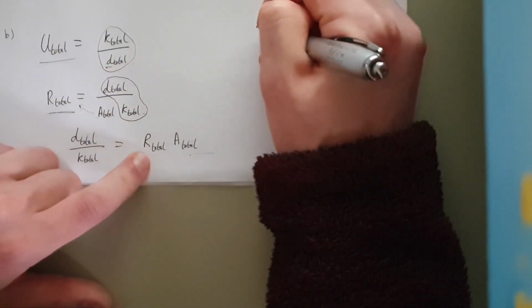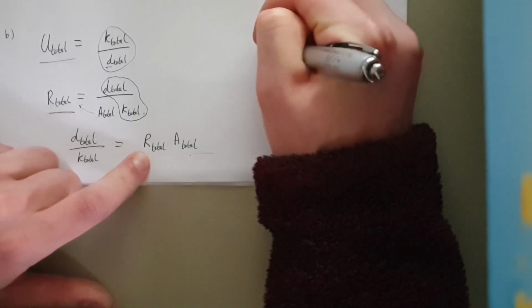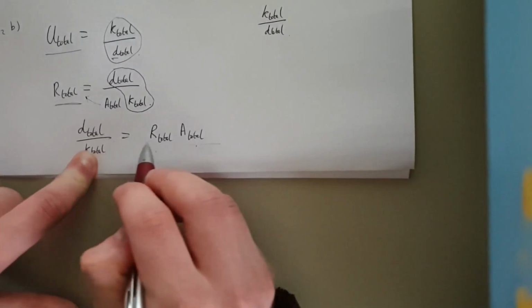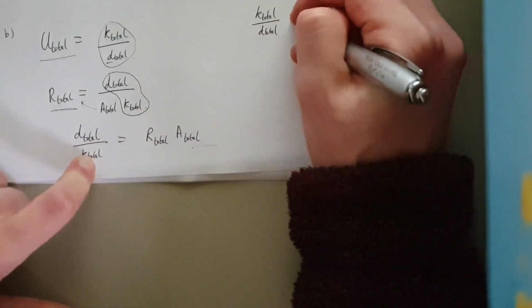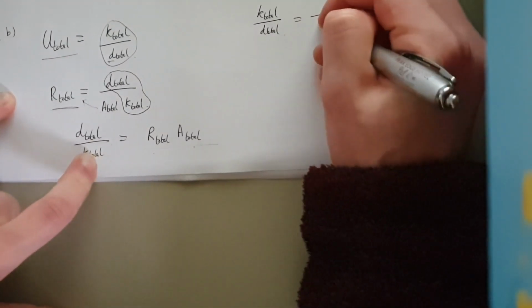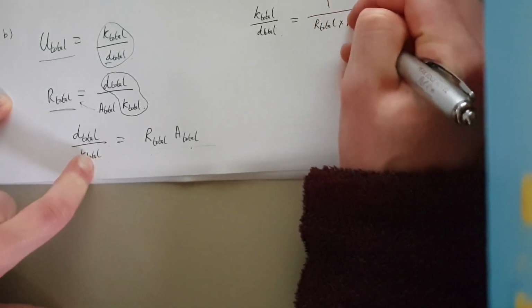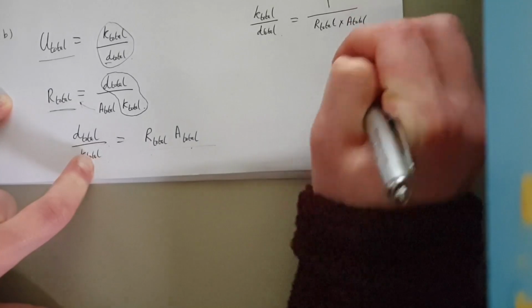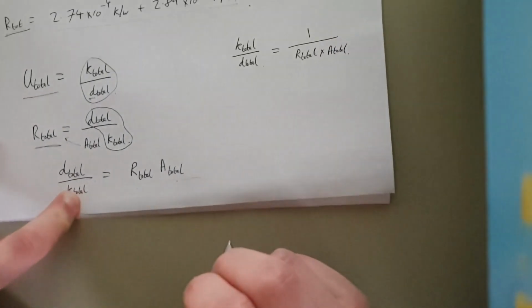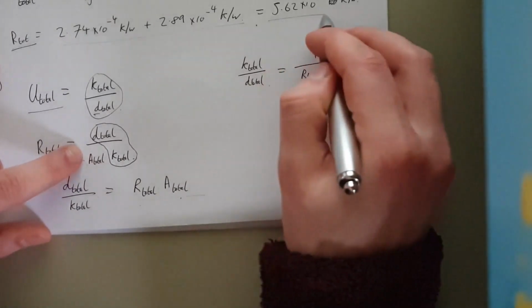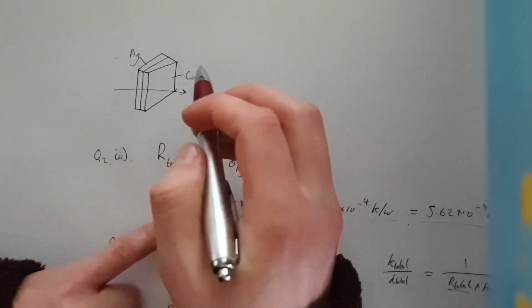So we can say that K total over D total, and look, I've done the reciprocal of this to give us this, is equal to 1 over R total times A total.